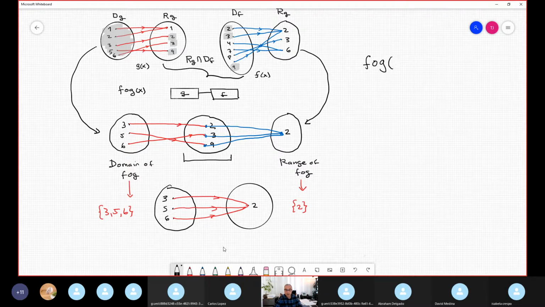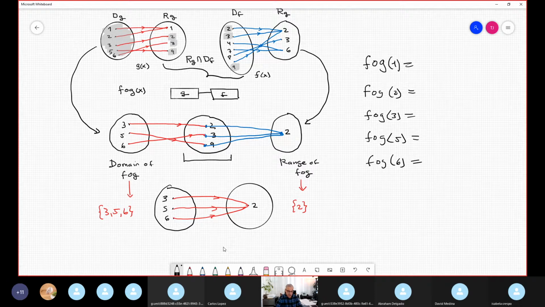F composition G at 1. So I'm using the same elements here, 1, 2, 3, 5, the hypothetical values at the beginning. F composition G at 2. F composition G at 3. F composition G evaluated at 5. F composition G evaluated at 6.